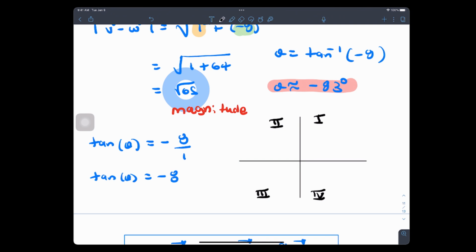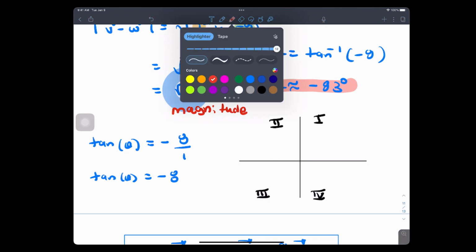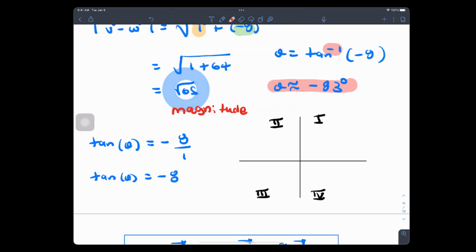Go back. For inverse tangent, to talk about an inverse, didn't you throw out quadrants? The answer is yes. You threw out some quadrants, ladies and gentlemen. You threw out quadrant 2 and quadrant 4.